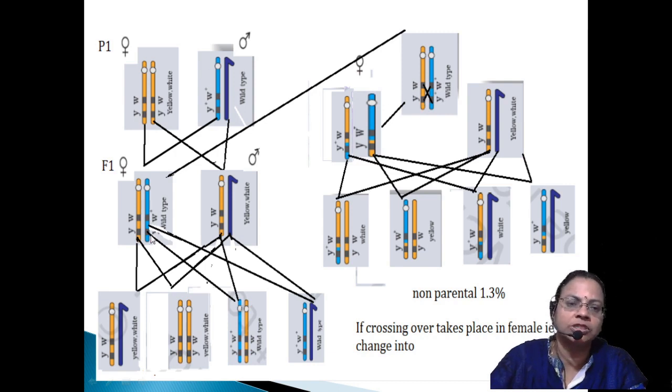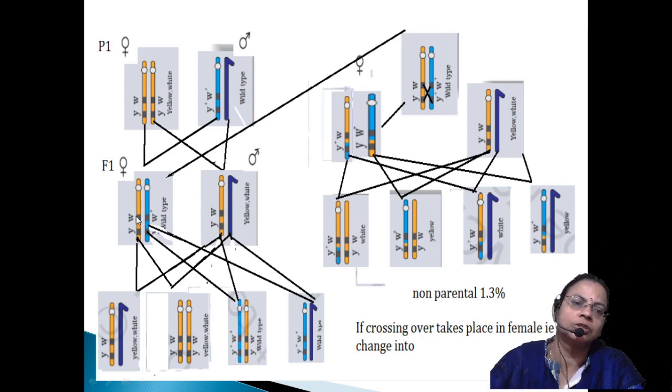So from here the Y can go this side and this Y plus can go this side. If crossing over takes place, there will be another result. So first we will move on without crossing over, to see what happens.